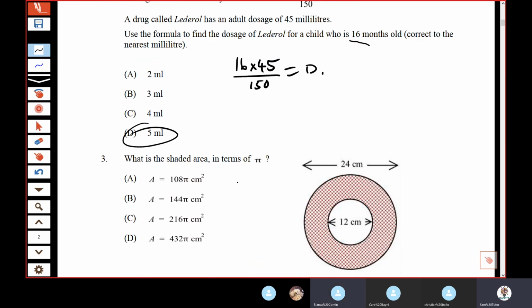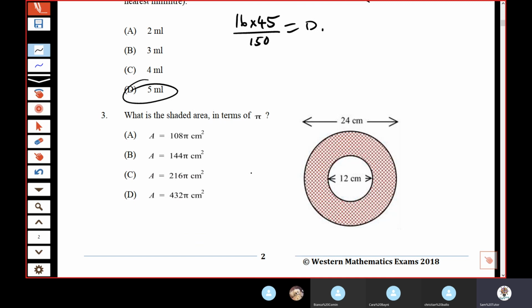Answer is D. Everyone's happy with that? What is the shaded area in terms of pi? We've done this a few times. Annulus, it's up to you how you do it. You can use the actual formula, or you just know it's the bigger circle minus the smaller circle. You've got to keep in mind radius. Your radius is 12, 6.